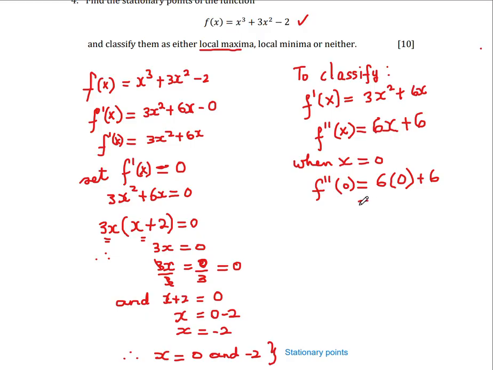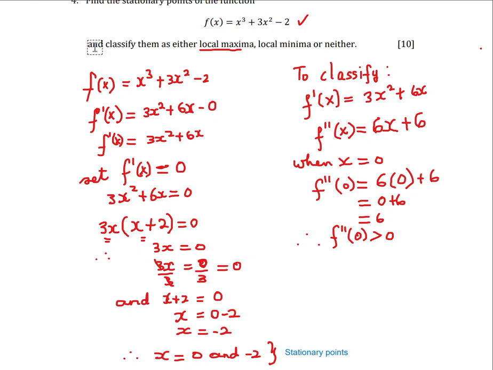Any number multiplied by 0 gives us 0, so we get 0 plus 6, which is equal to 6. So f double prime of 0 is greater than 0.